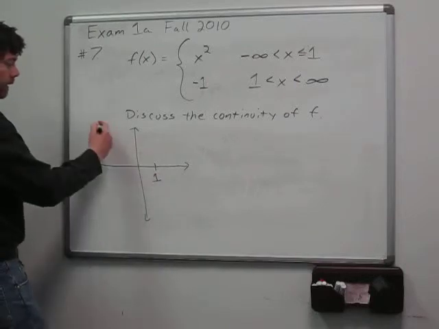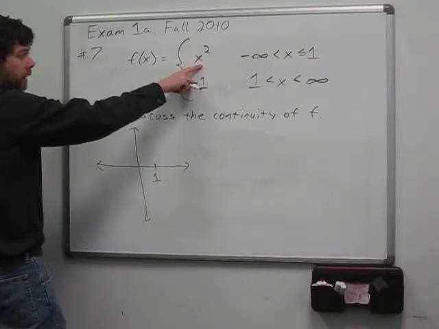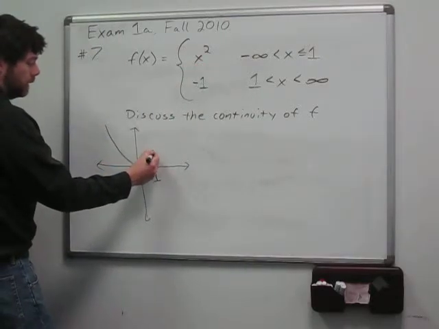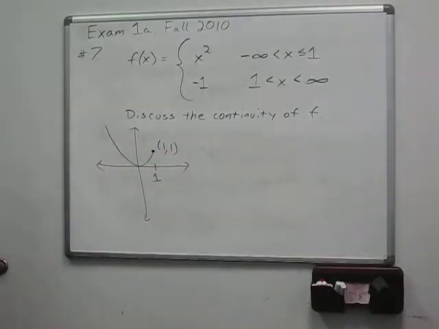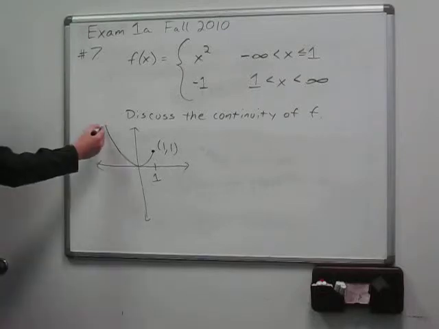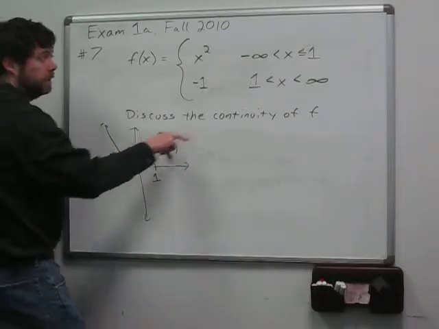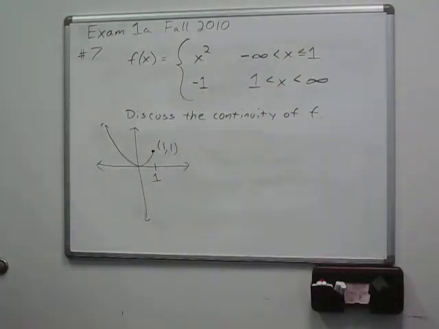In the left piece for x less than or equal to 1, I'm just going to draw the graph of x squared, which will look something like that. And it's going to stop at the point (1, 1). And notice that I've used a solid dot at the end of this piece because of the less than or equal to sign.